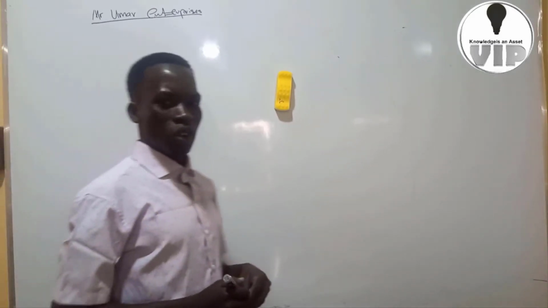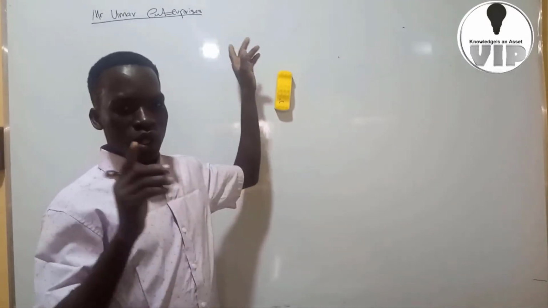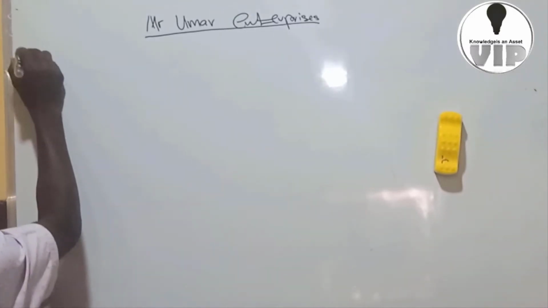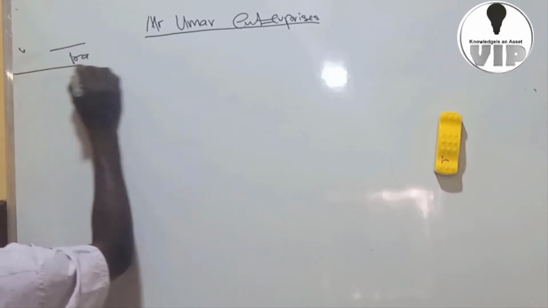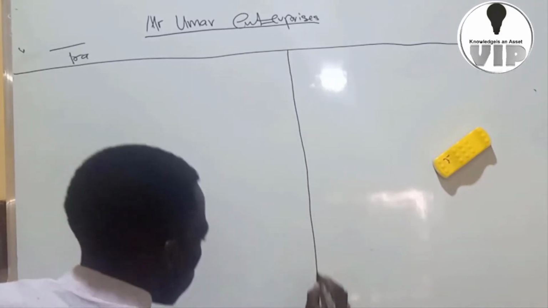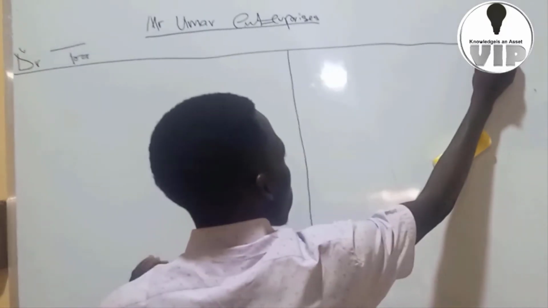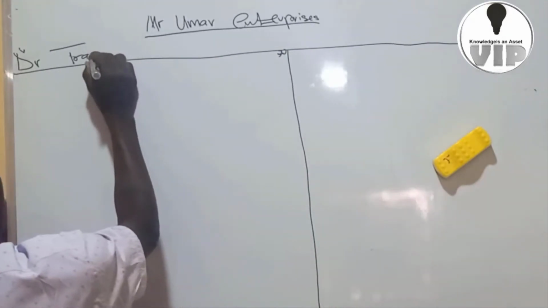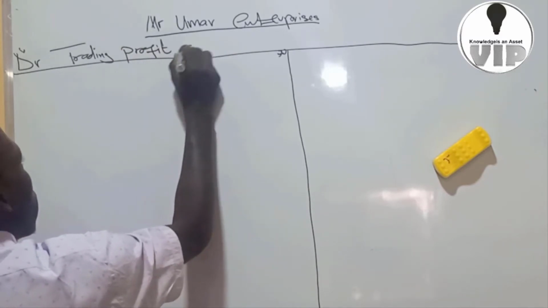As you have been given a question on trading profit and loss account, this is the first thing you are supposed to do: write the name of the enterpriser, followed by the name of the account. Trading profit and loss account, debit and credit, naira sign.